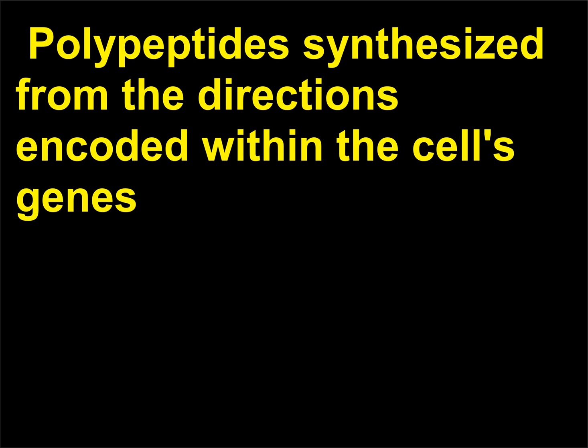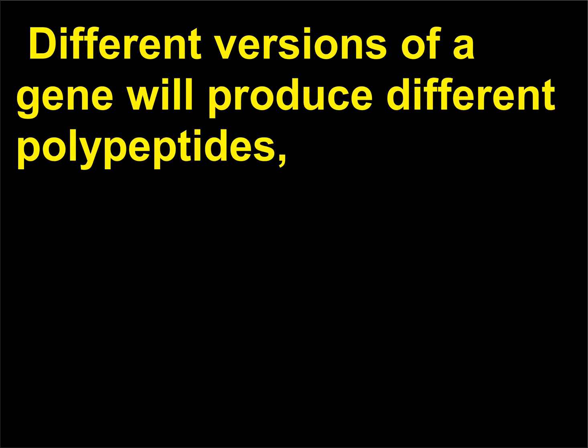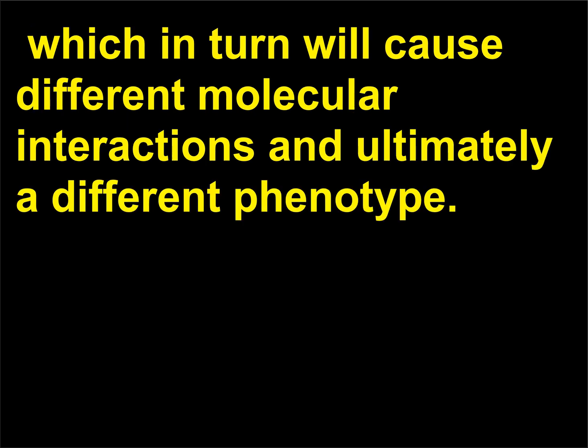Polypeptides synthesized from the directions encoded within the cell's genes, the genotype, are part of those reactions. Different versions of a gene will produce different polypeptides, which in turn will cause different molecular interactions and ultimately a different phenotype.